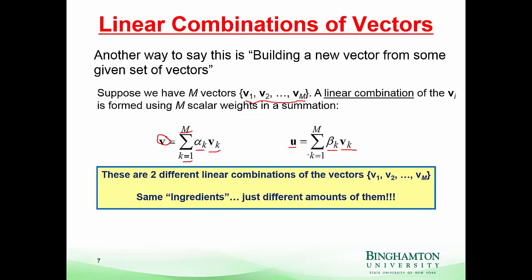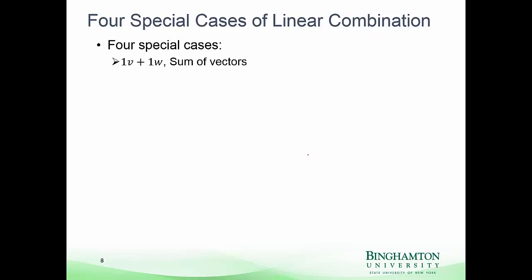And if there's one recipe that doesn't call for v sub m, well, make the coefficient alpha sub m equal to 0, and we'll keep that out of the linear combination. So this idea of building out of the same ingredients but just different amounts of them is a huge, huge idea in this field, and we'll come back to that from now all the way to the very end of the course. That will be key to the things that we're doing.